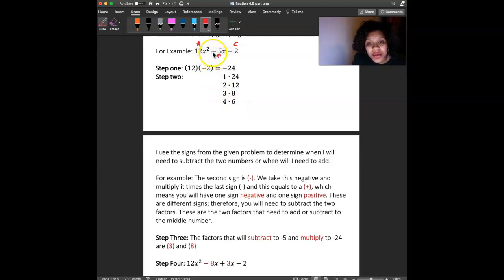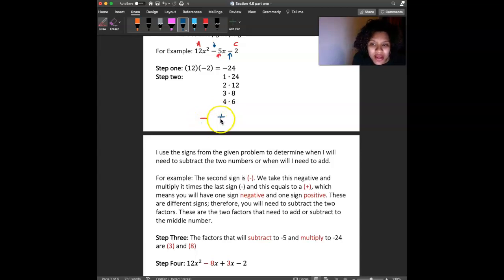So the first thing I do is bring this sign, the negative 5, I bring the negative. And then this negative 5 right here times this negative right here. What is a negative times a negative? It's a positive.